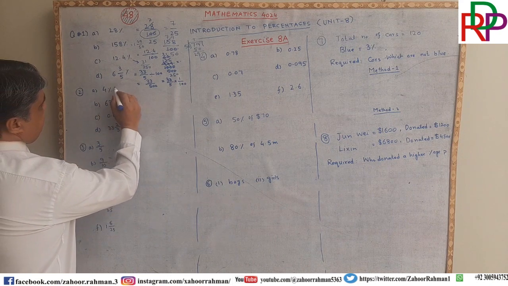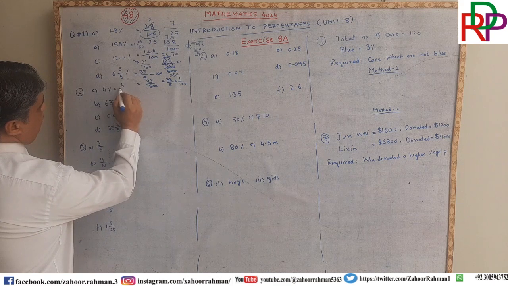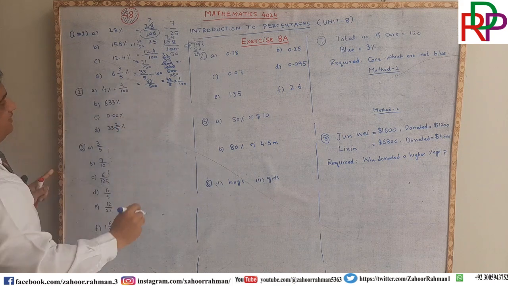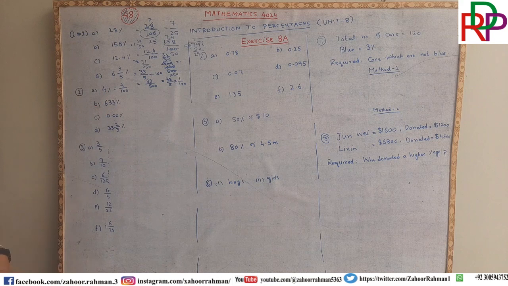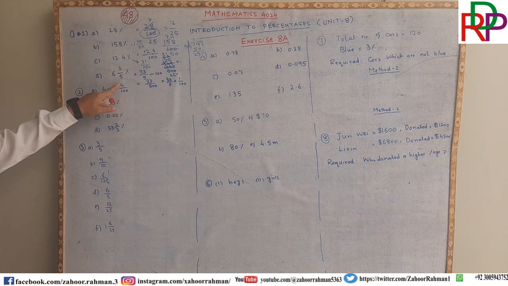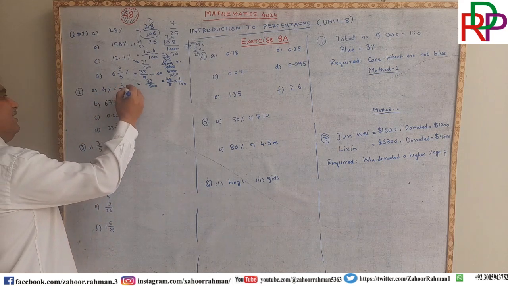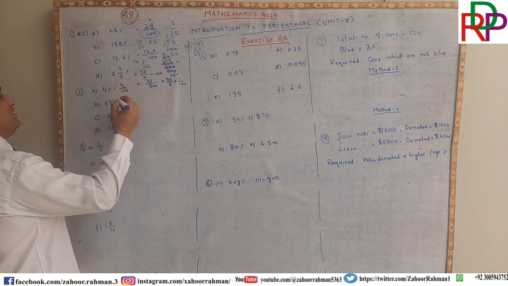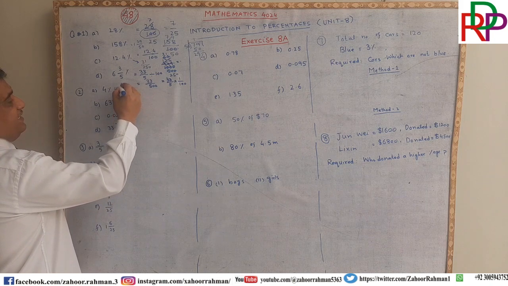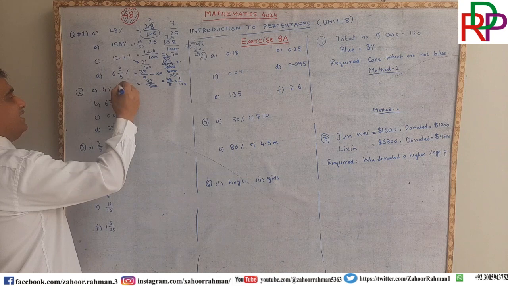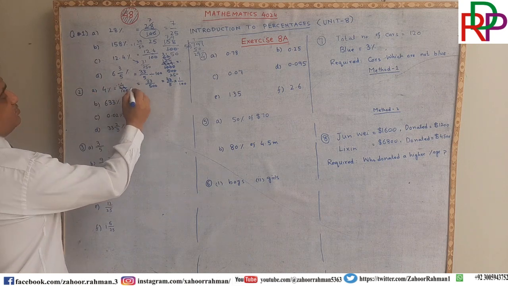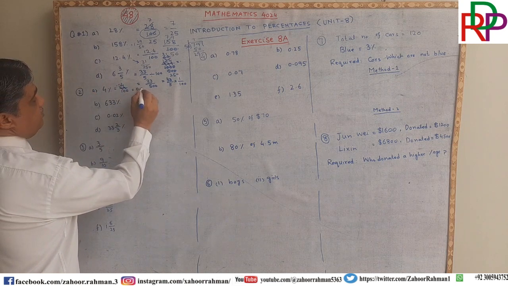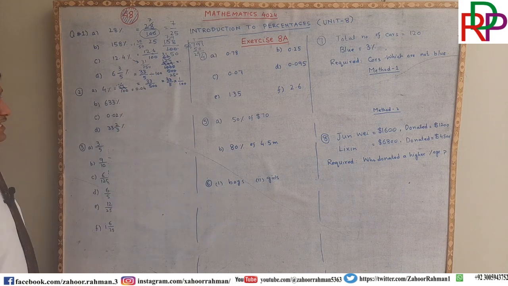So this can be written as 4 over 100. Yes, percent means divide by 100. 4 in 100. Now the simplest way is this 0 is, and there is no 0, so you have to write a 0 and 1. So it means that it will be 0.04 in decimal form.